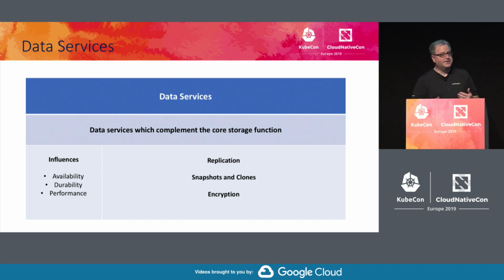Things like snapshots and clones, which can provide data management and data copy management functionality to provide you with the ability to take point-in-time copies of data, which can be used for things like backups, but also for services like test to production promotion and data lifecycle activity.